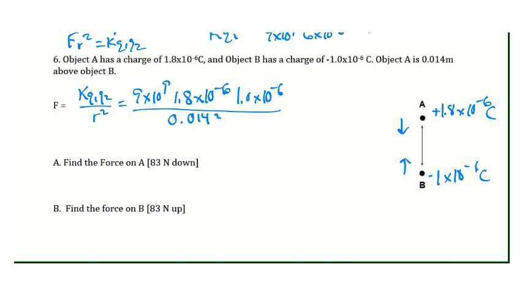We have to remember to square that, just the bottom. So we're going to go ahead and plug that into our calculator. And when we do, we get 82.65 newtons, which I have rounded here to be 83. So the force on A is going to be approximately 83 newtons down, and the force on B is going to be 83 newtons up.